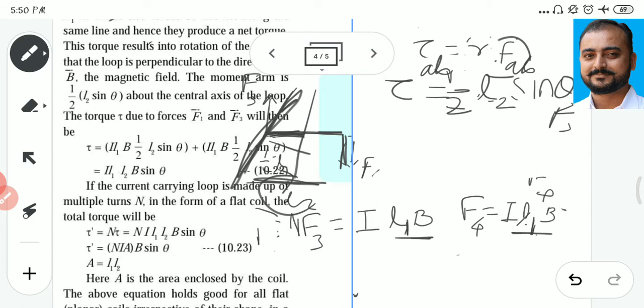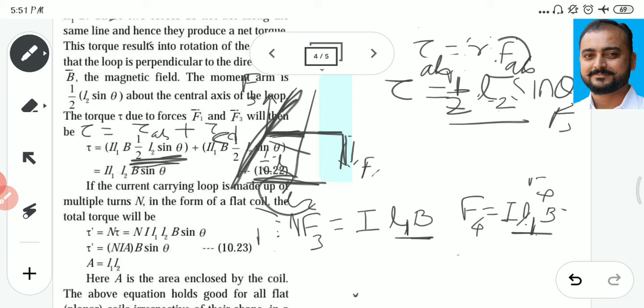What you can mention, you just mention total torque can be given by torque acting on AB plus torque acting on CD. Okay, so torque acting on wire AB, that is 1 by 2 L2 sine theta. And what is this force? F3, or you may call force acting on AB, that is I into L1 into B. Okay, this one I L1 B.